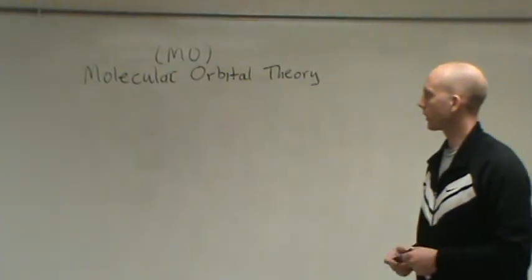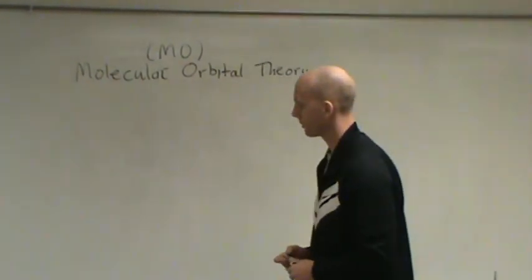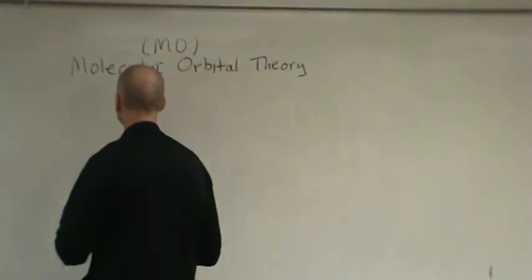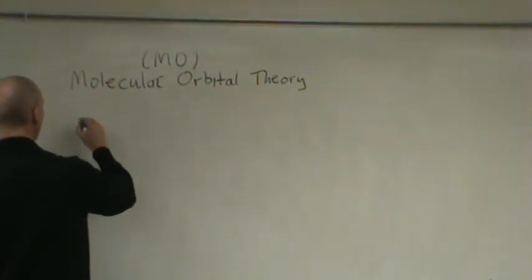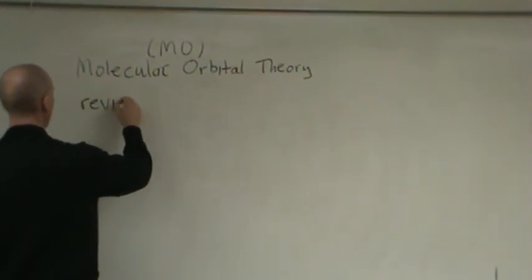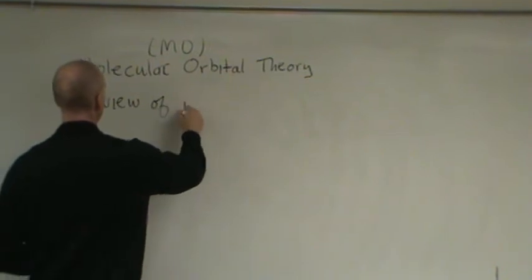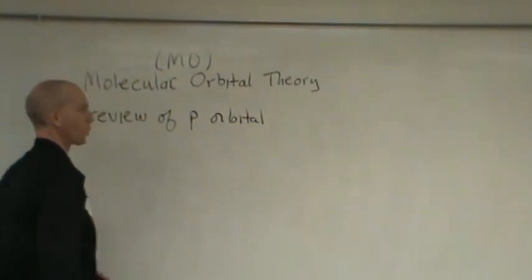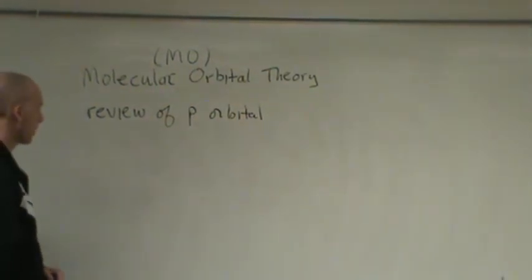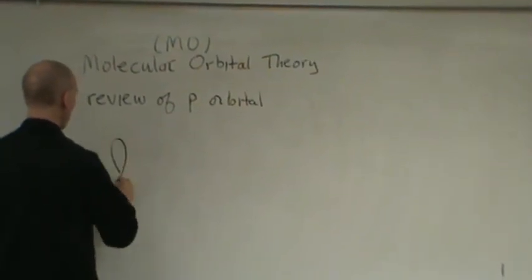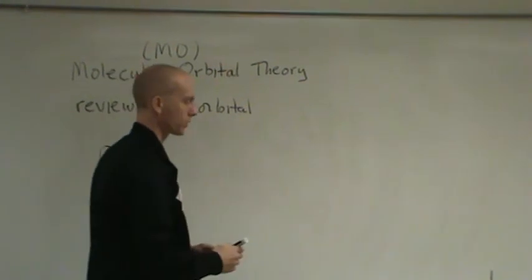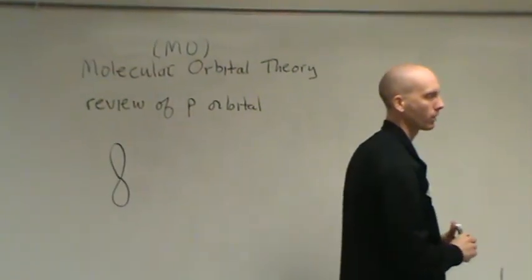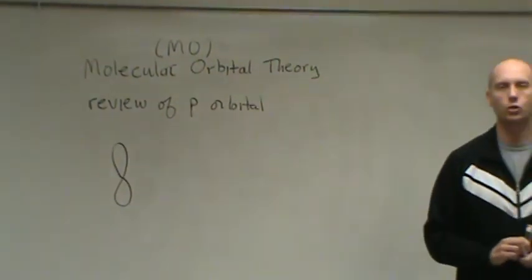To get started with molecular orbital theory, let's do a review of the p orbital. Remember the p orbital, it has this kind of shape here that we learned back in general chemistry.